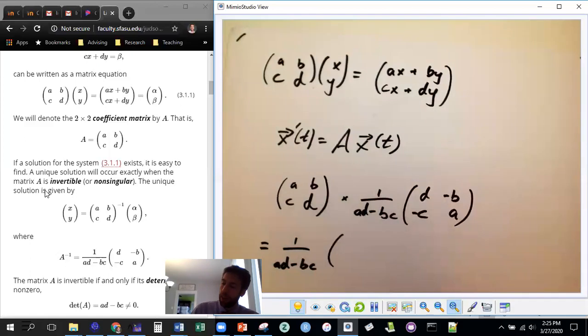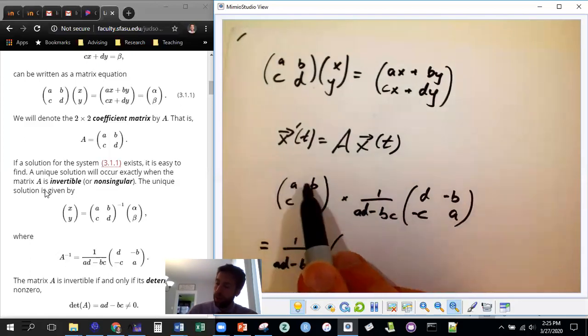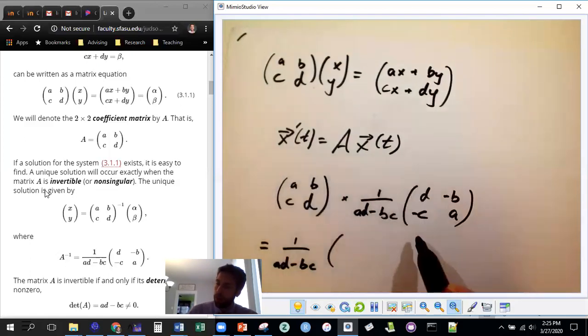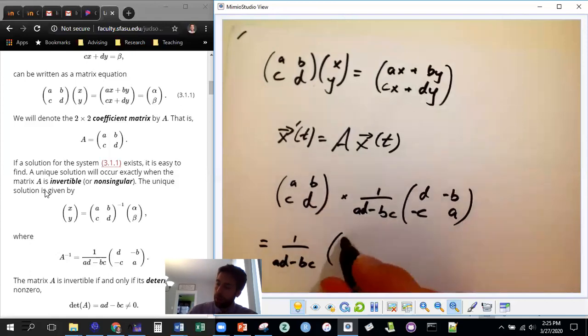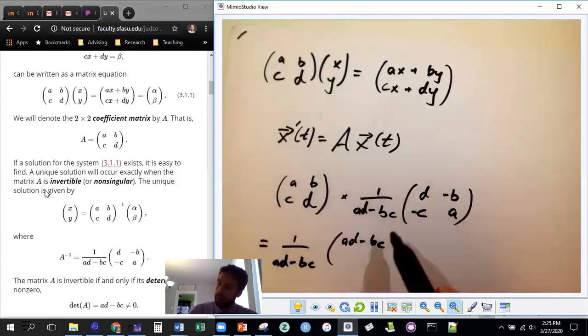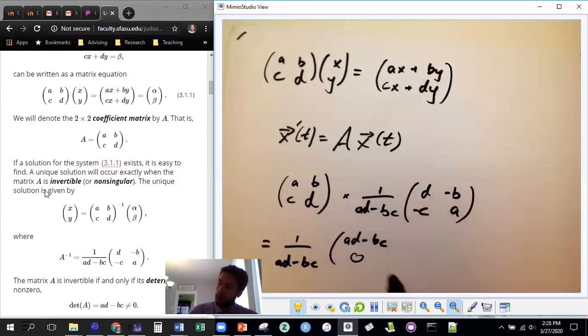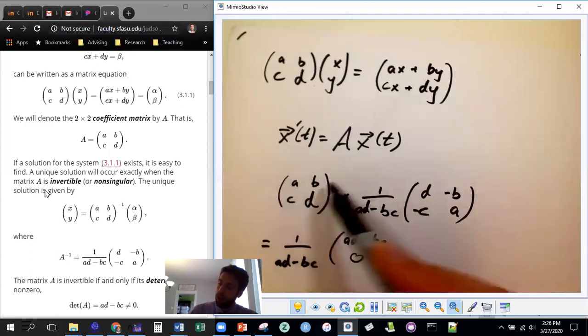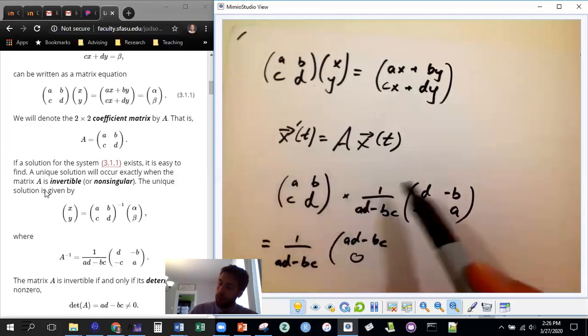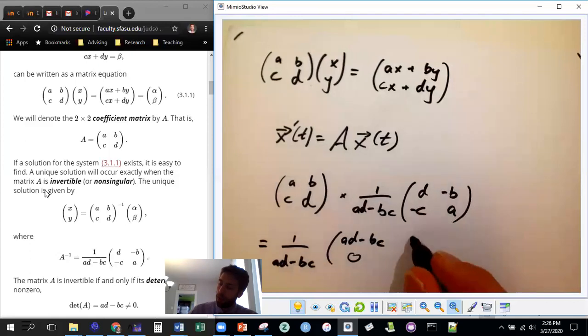Okay. And then a row times column, so AD minus BC. Row times column, so CD minus CD, that's 0. And then row times column, that's negative AB plus AB, so that's 0.